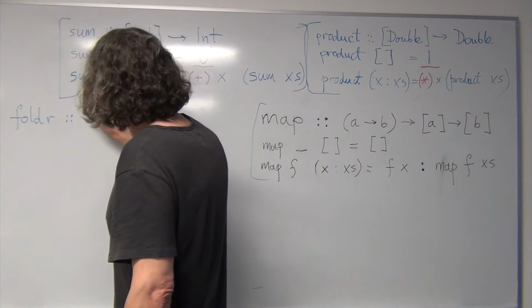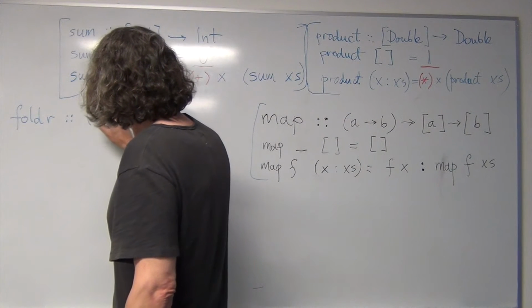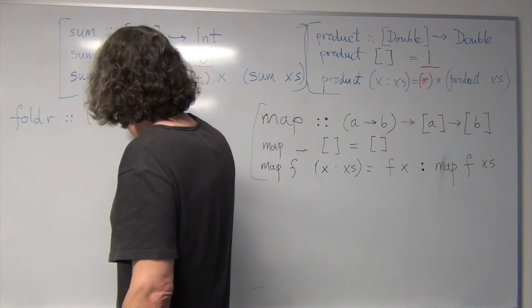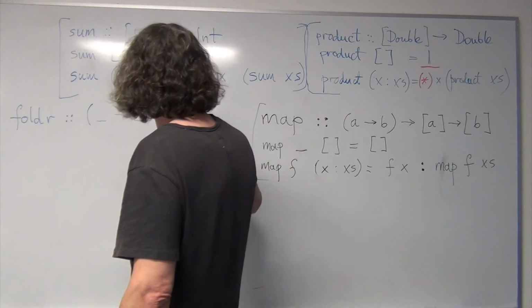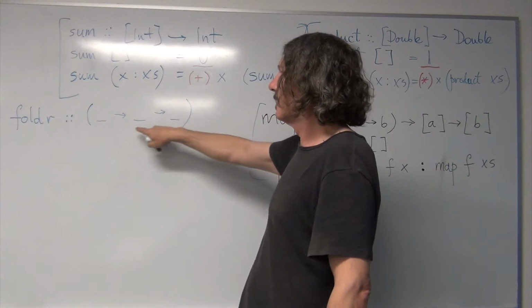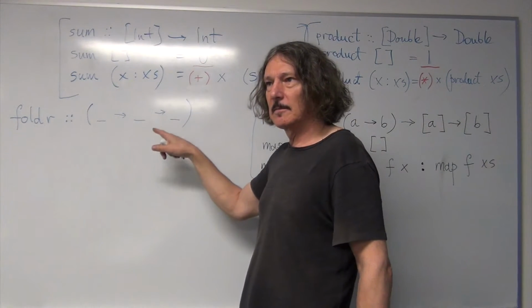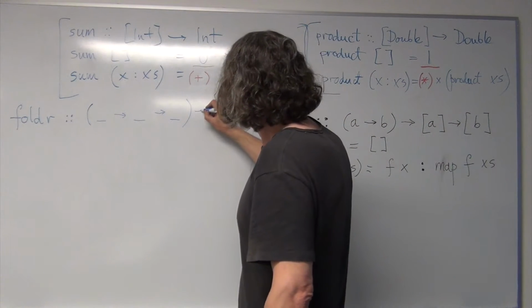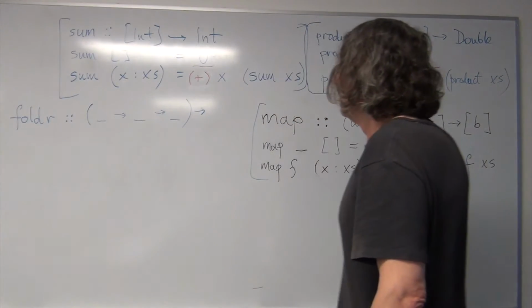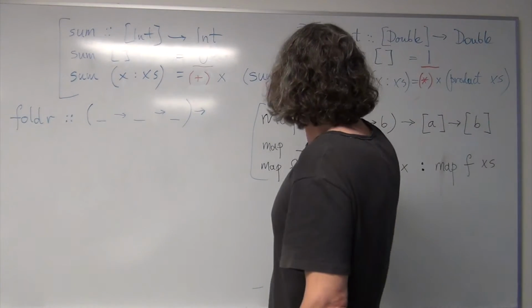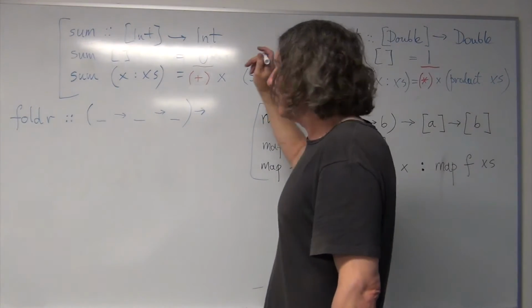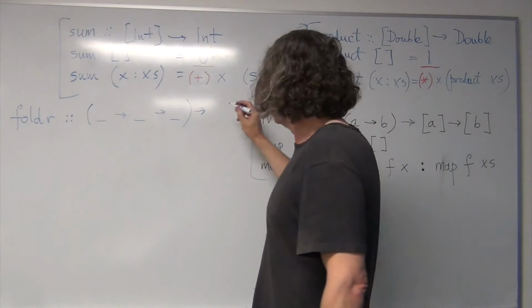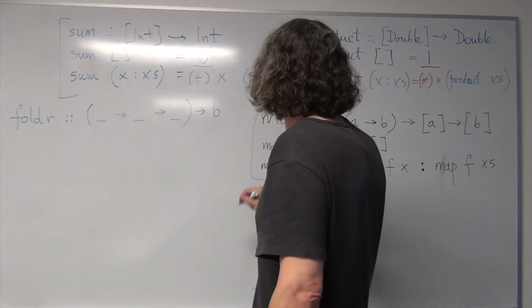So it's a function of 2 arguments. One argument, another argument, and it returns something. So it will be like a function with 3 types in. And we'll write these types in separately. Okay? Now the other thing that's varying is this accumulator. Okay, let's call the type of accumulator B.